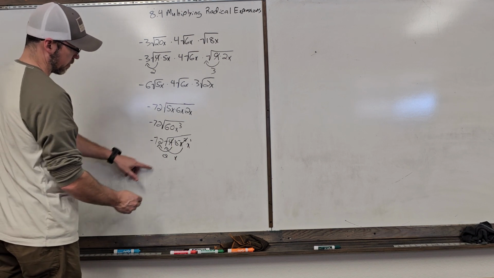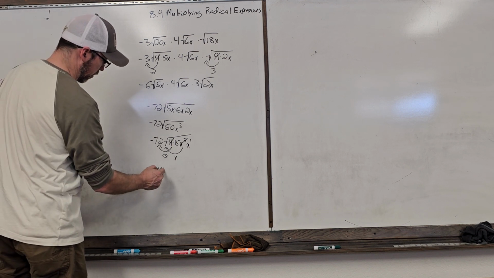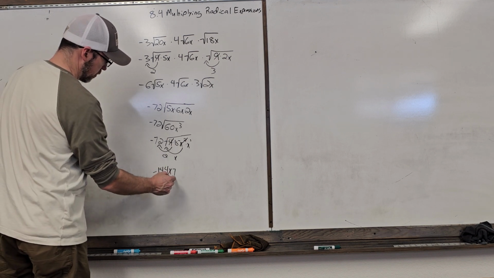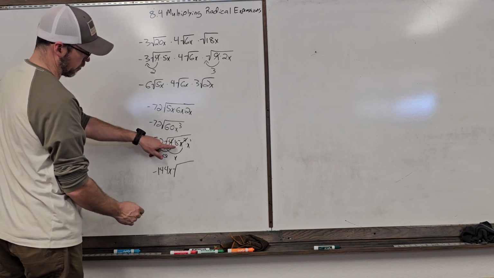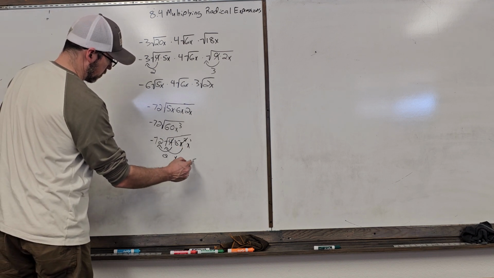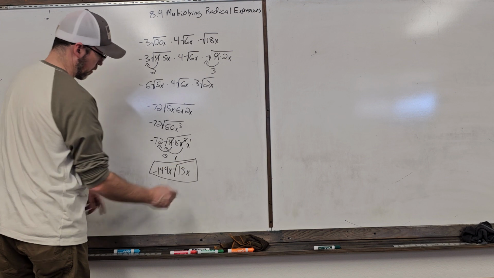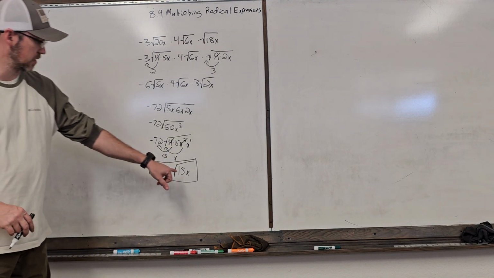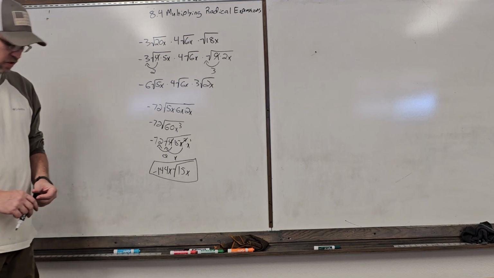Negative 72 times 2 is negative 144. The x came out, times the square root of what's left under, which is 15x. 15 can't break, it's 3 and 5, none of those are perfect squares. x, I can't break it down any smaller, that's as far as I can go.